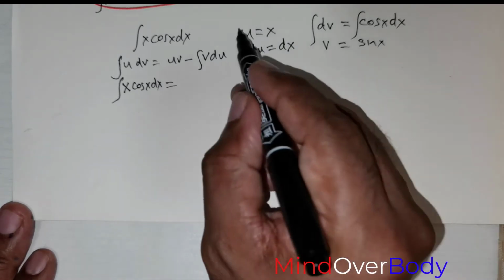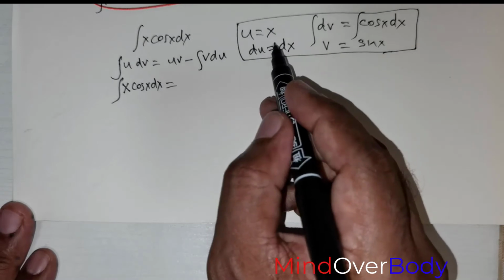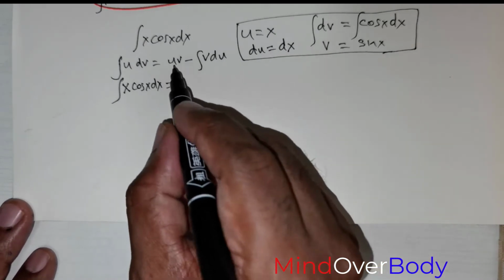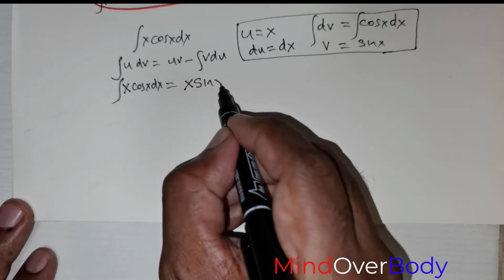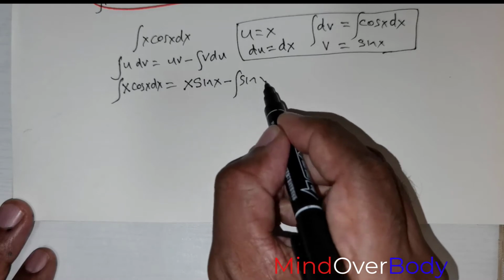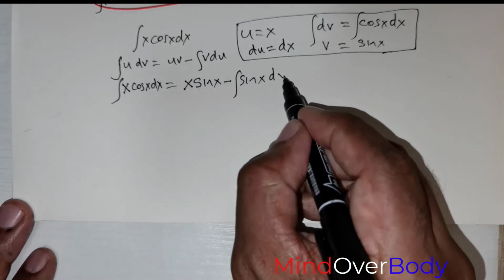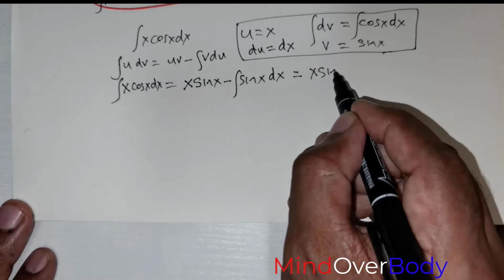So now substituting the values after we have completed this, this is going to be u is x, my v is sin x, followed by integral of sin x, my du is dx. So this is equal to x times sin x.